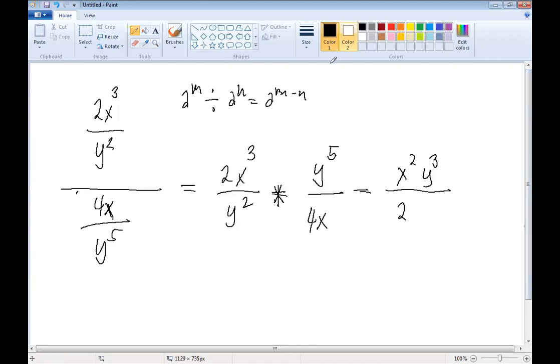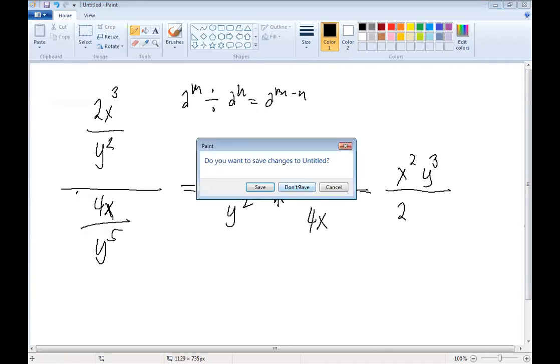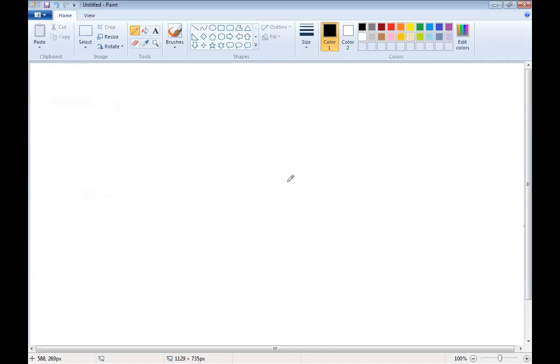Okay, next example. If you have a question, you can just ask, okay? For example, we have x plus 1 over y, over y plus 1 over x. What will we do first to simplify it further?